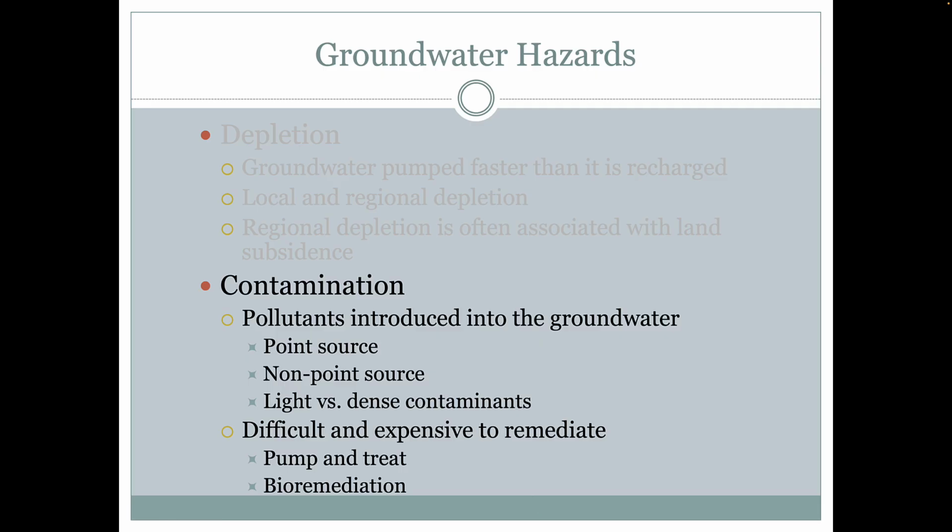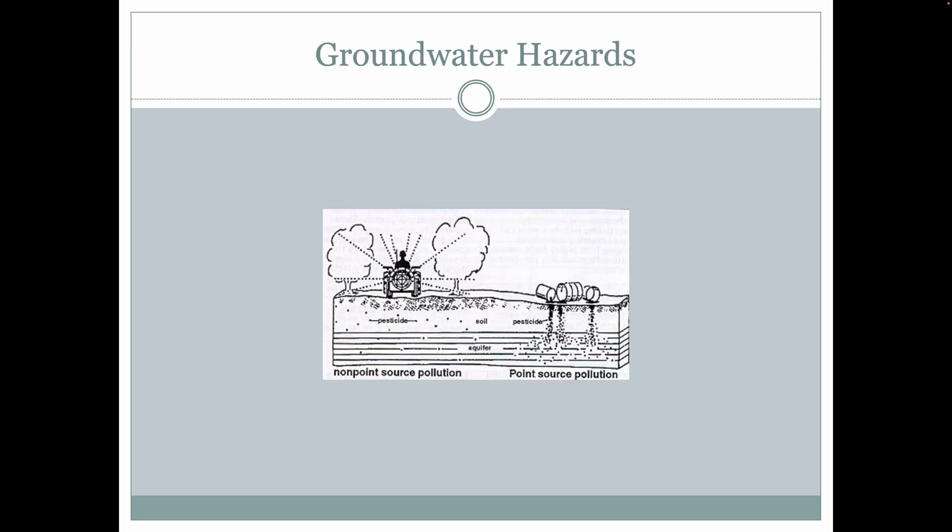Typically it's done by pumping contaminated groundwater out of the ground, treating it, and then the water is no longer contaminated. There are other methods, for example, bioremediation, where bacteria is introduced into the ground to consume the contaminant, but that's more rare.